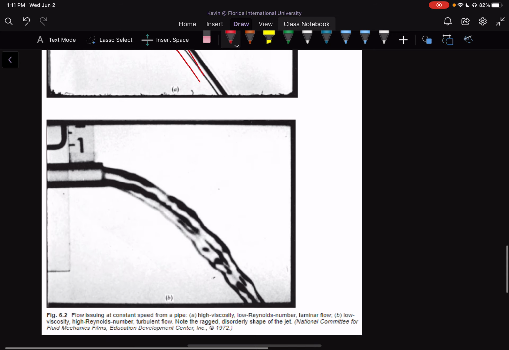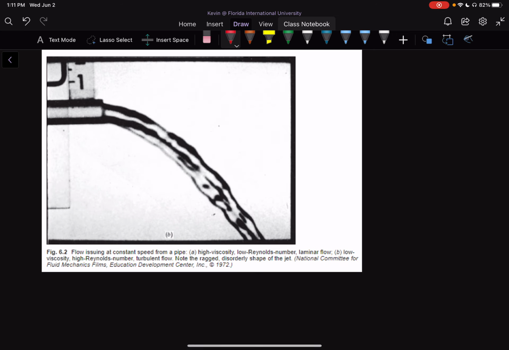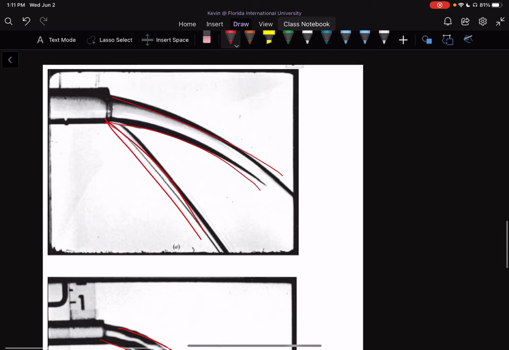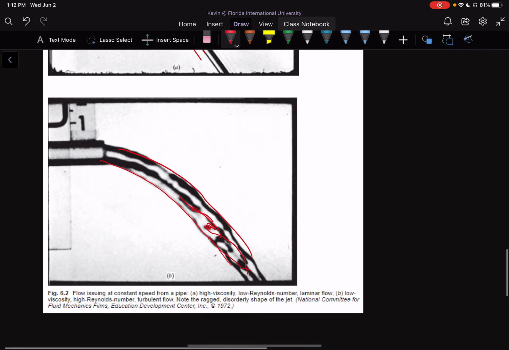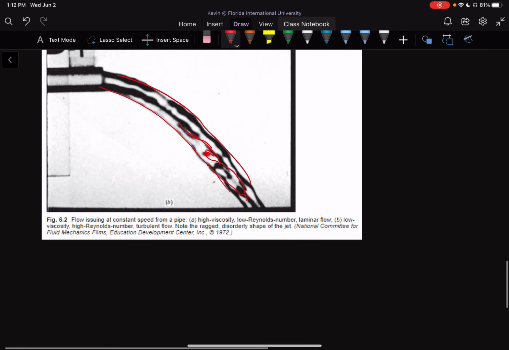Whereas here you have another example with low viscosity and high Reynolds number, and you can see that you have some turbulence. You have different shapes and a lot of different directions in the jet, essentially, in the flow coming out of that pipe. So that's an example of what laminar and turbulent flow would look like in real life.